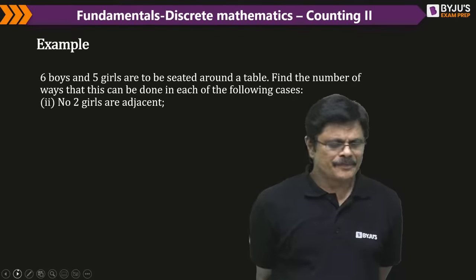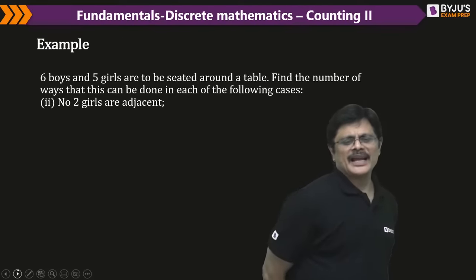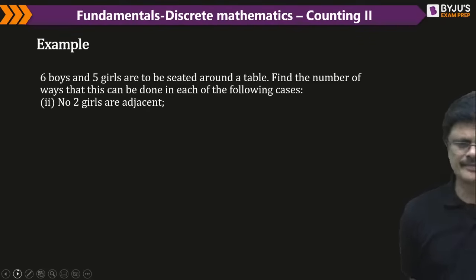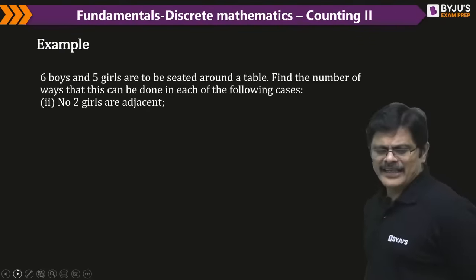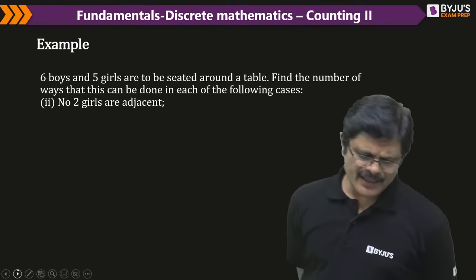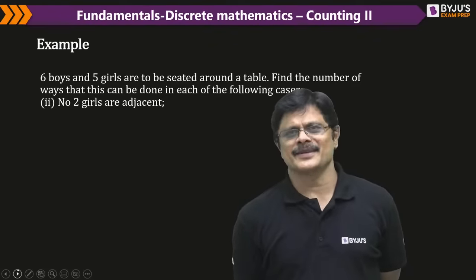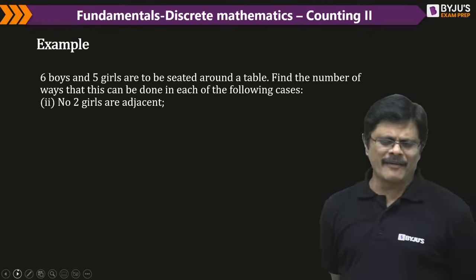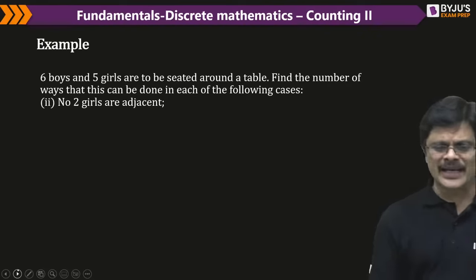Next question. 6 boys and 5 girls are to be seated around a table. Find the number of ways this can be done in each of the following cases: no 2 girls are adjacent.